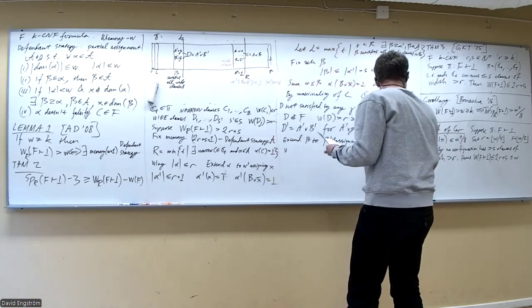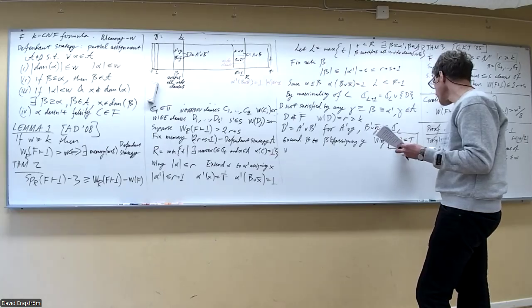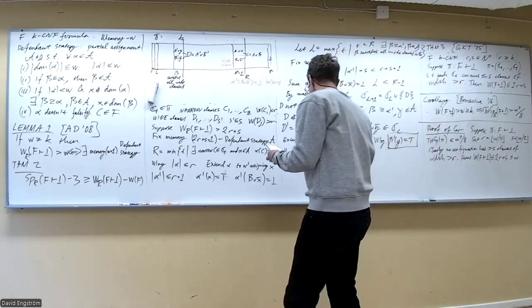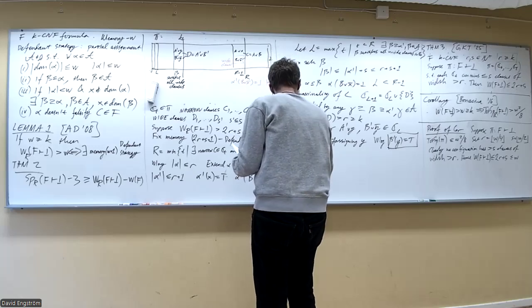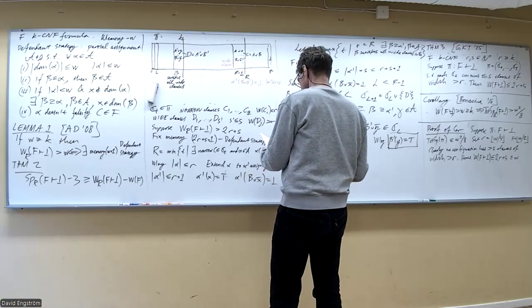So without loss of generality, beta sets Y to true. And also without loss of generality, what's the size of beta?